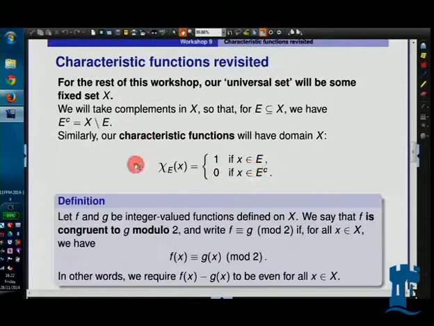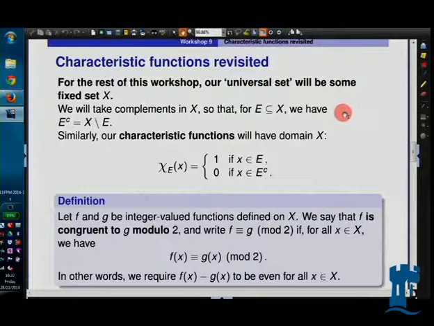My characteristic functions here, I'll have a domain, some universal set or other. You can think of it as the real numbers if you like, I don't care. The codomain I'll take to be the integers, which is fine, just so that I can add them, and it makes sense. Otherwise, it's not obvious what you do.